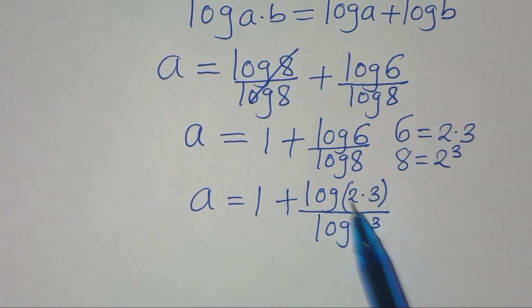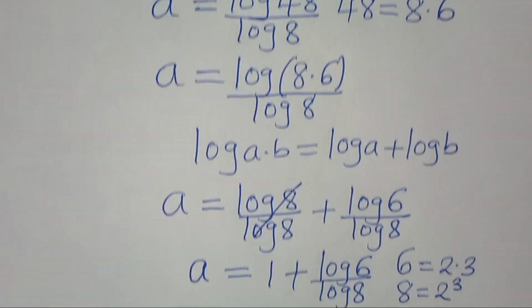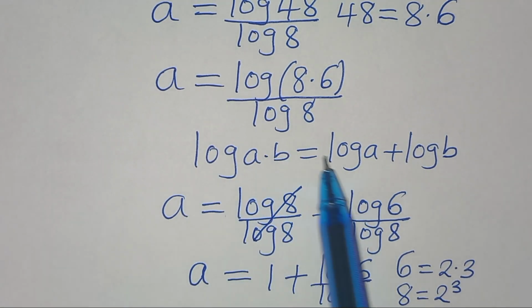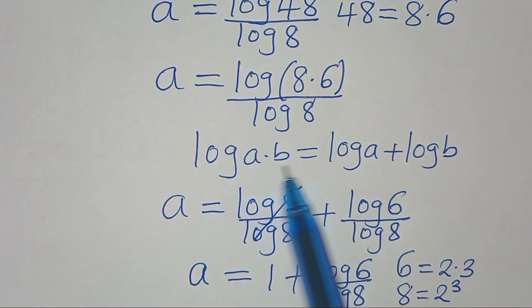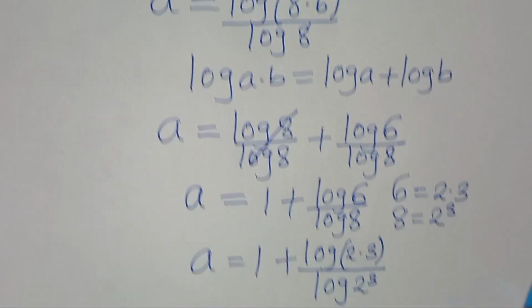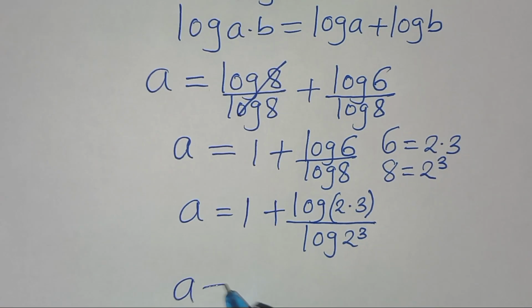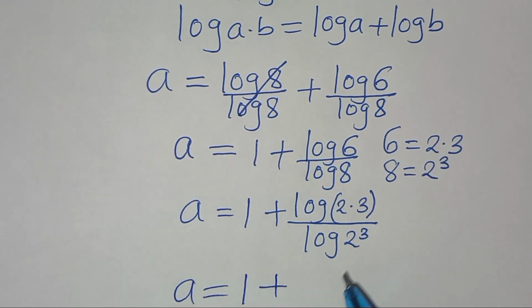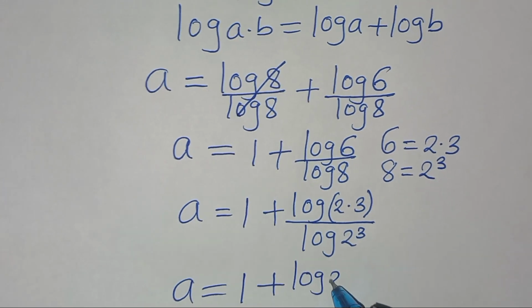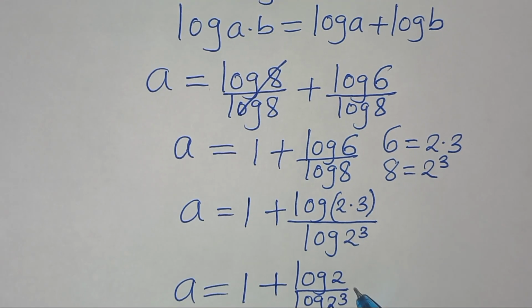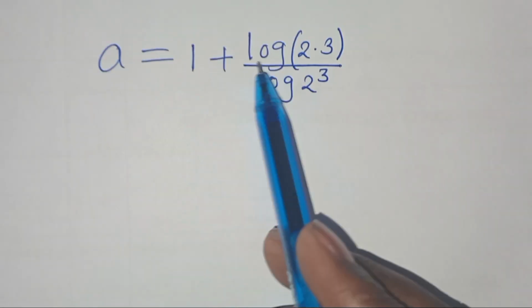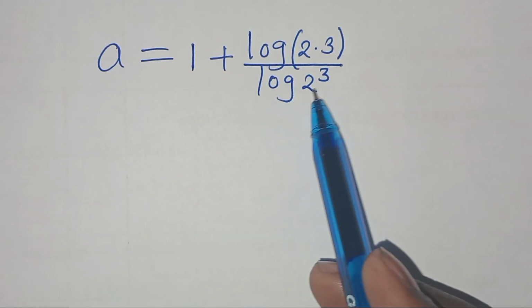Now, log 2 times 3 is in the form of log a times b, which is equal to log a plus log b. Let's apply this property so that a will be equal to 1 plus log 2 divided by log 2 to the power 3 plus log 3 divided by log 2 to the power 3.